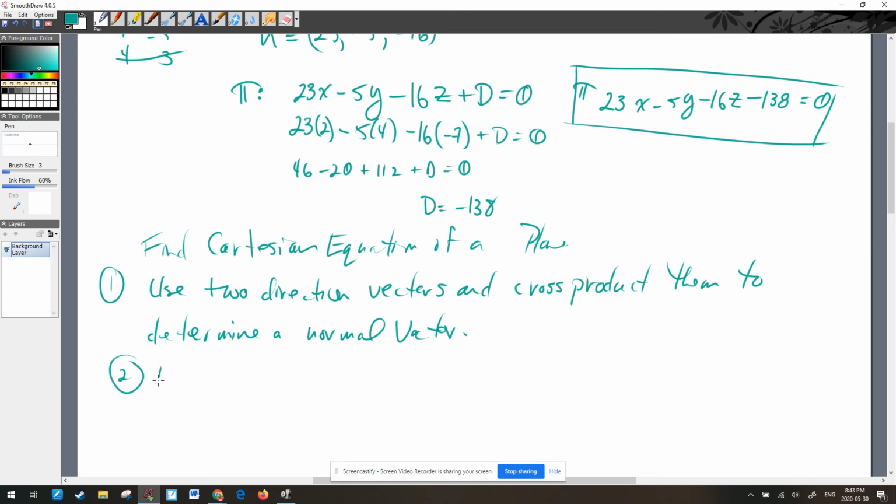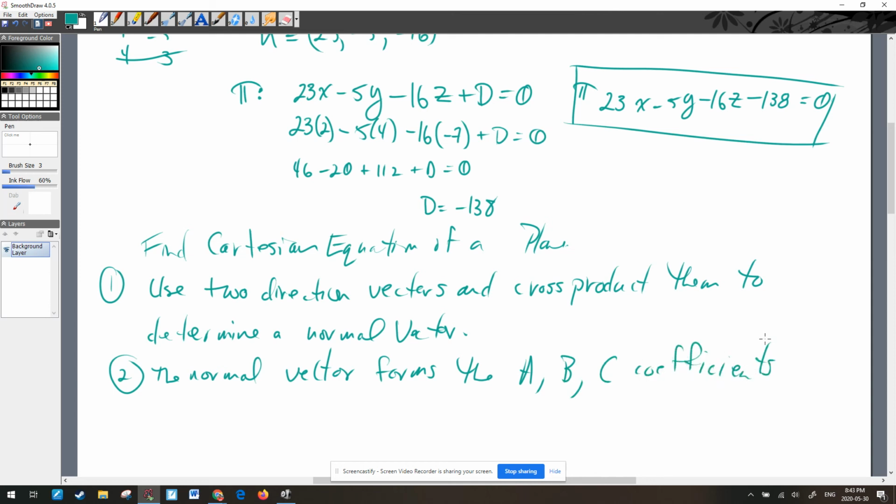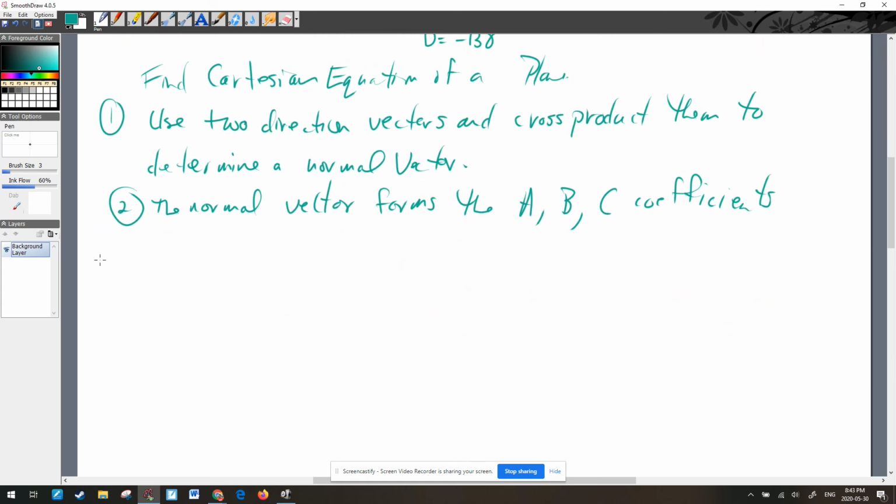Two, the normal vector forms the A, B, C coefficients of Ax plus By plus Cz plus D equals 0. So now we've got a number here and a number here and a number here.